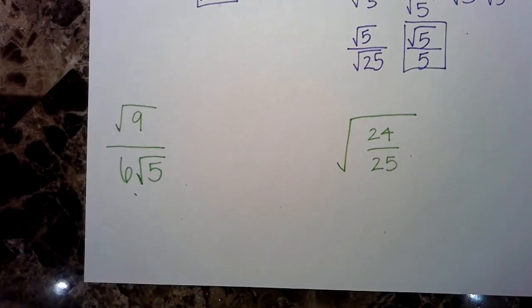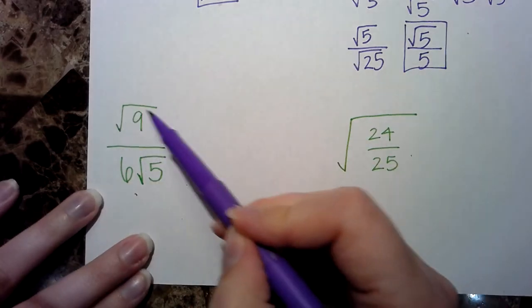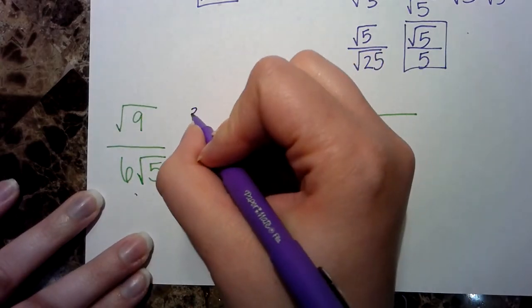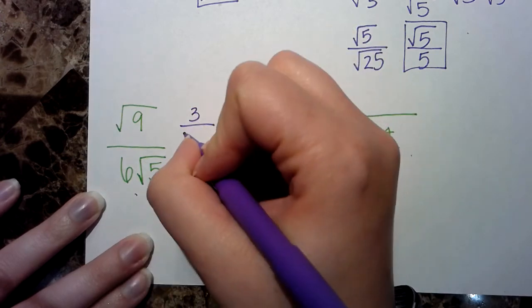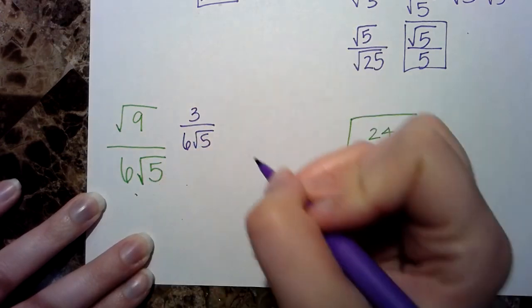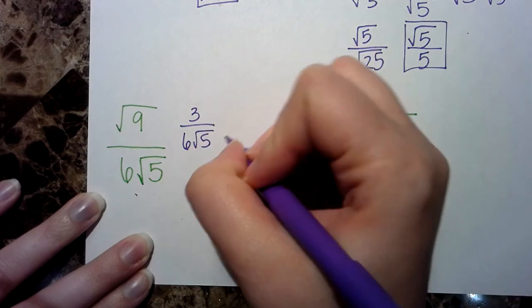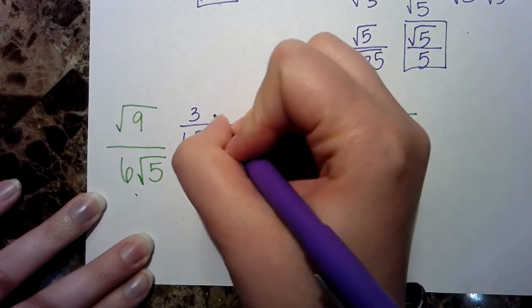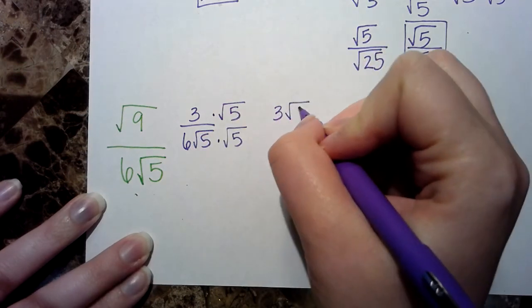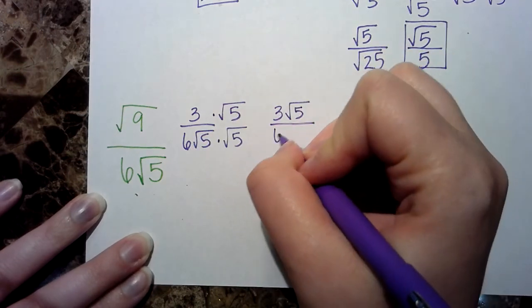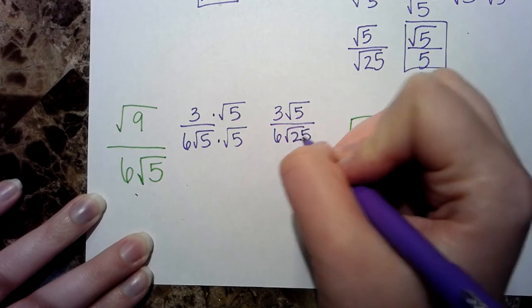My next question, I'm going to see if I can simplify this radical, which I can, so that would be 3 over 6 times the square root of 5. I can't simplify that, so I'm going to leave it. I can't have a radical in the denominator, so I'm going to multiply by the radical on the top and the bottom. So I get 3 square root 5 over 6 square root 25.